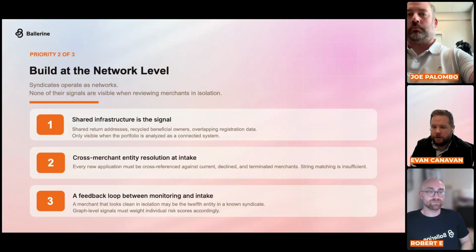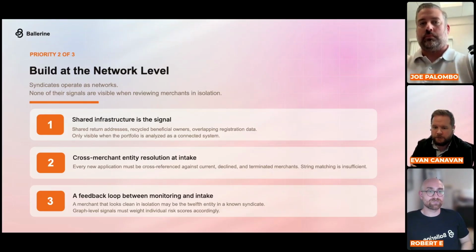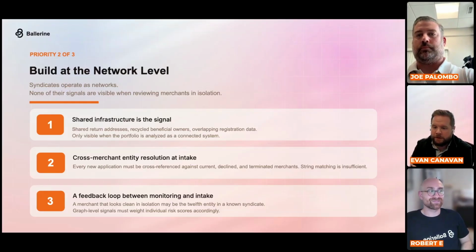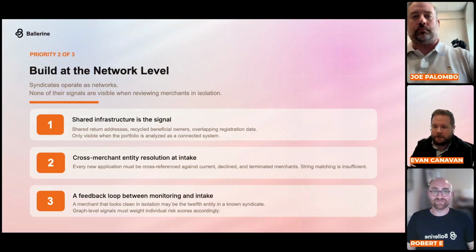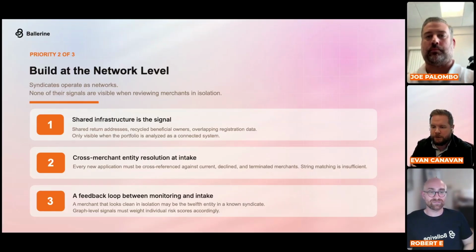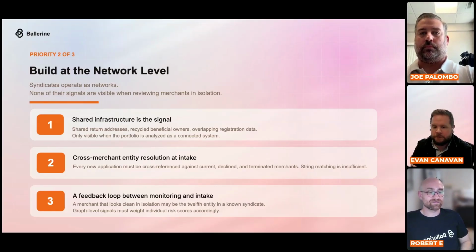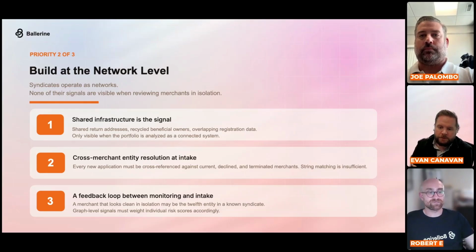A fraud network in our industry is generally looking to steal as much money as they can before they're discovered. So what does that mean? They're really going to try to disguise their applications and accounts as legitimate businesses, legitimate owners, legitimate operations.